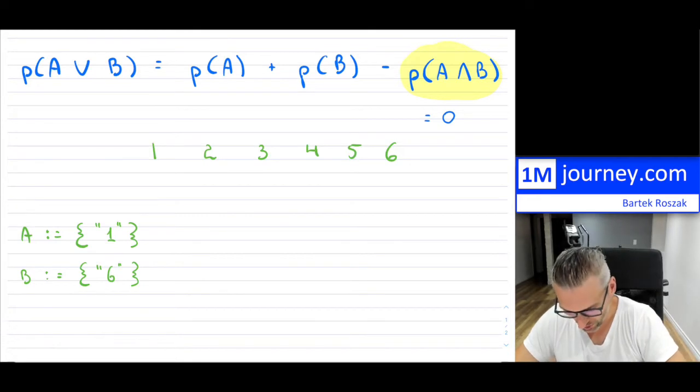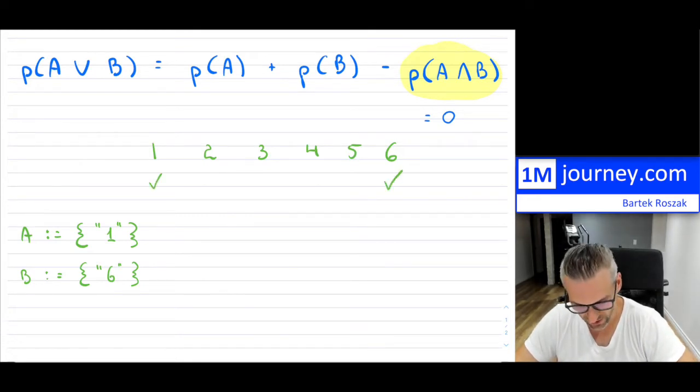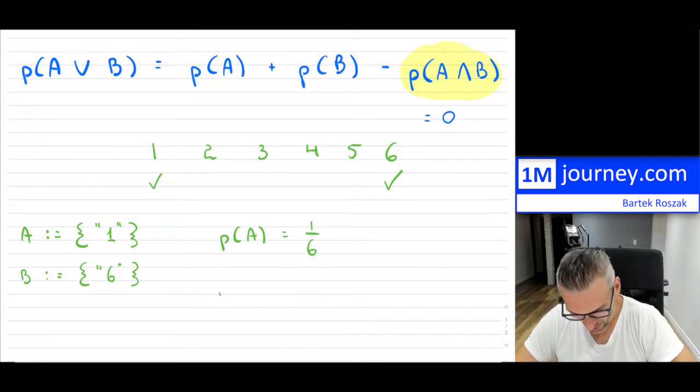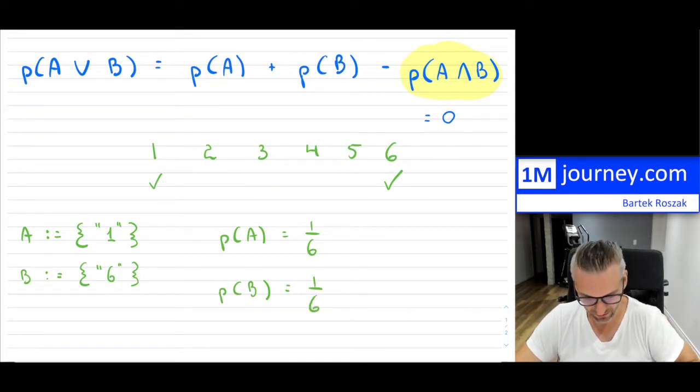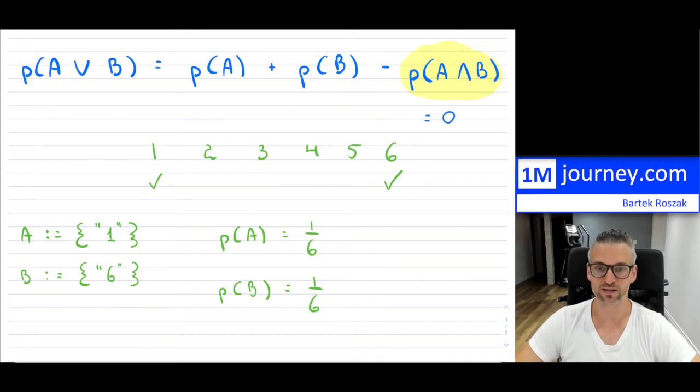You can either roll a 1 or roll a 6, and the probability of rolling a 1 is just 1 over 6, and the probability of B happening is also 1 in 6. That shouldn't surprise us because it's 1 in 6 for any number between 1 and 6.